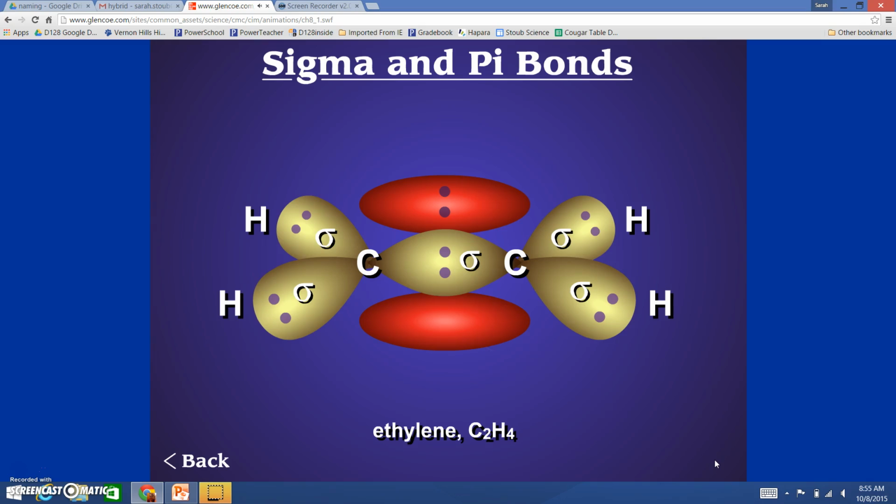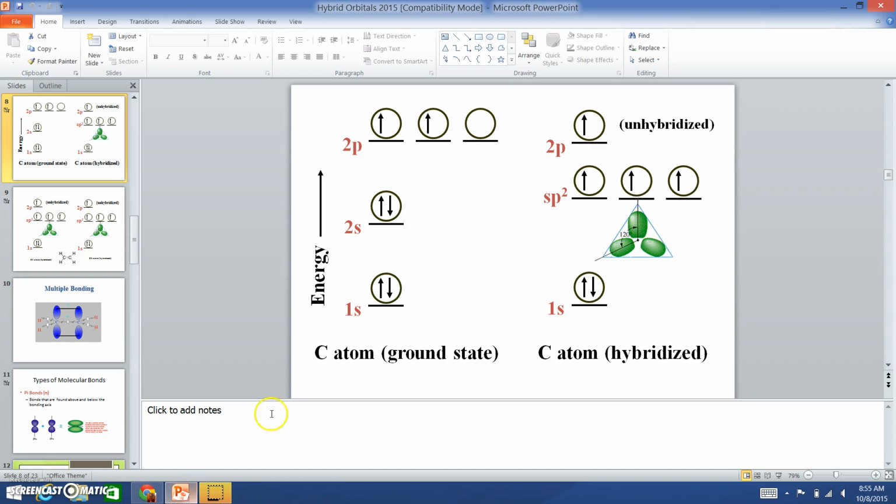Now it's not really that you have 3 bonds, remember it's only 2 bonds, but this double bond kind of circles around, it whips around in a donut kind of shape. It keeps going round and round, so we show both lobes of the pi orbital, although they're really just one pi bond. The electrons just zip around in a circle around the sigma bond. Okay, so let's go back.